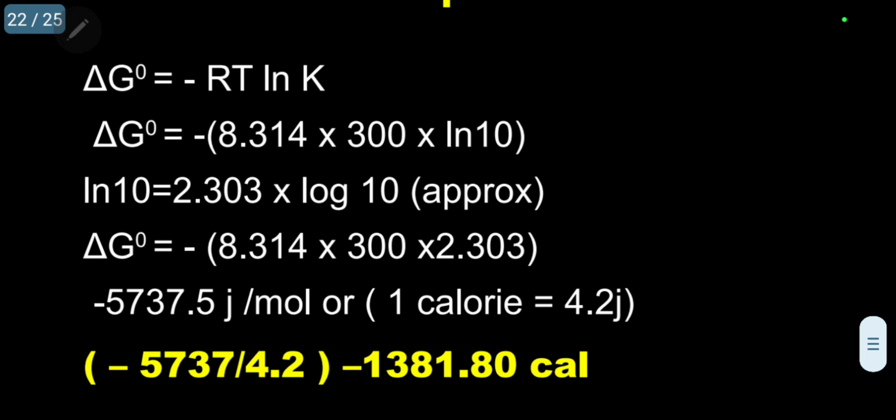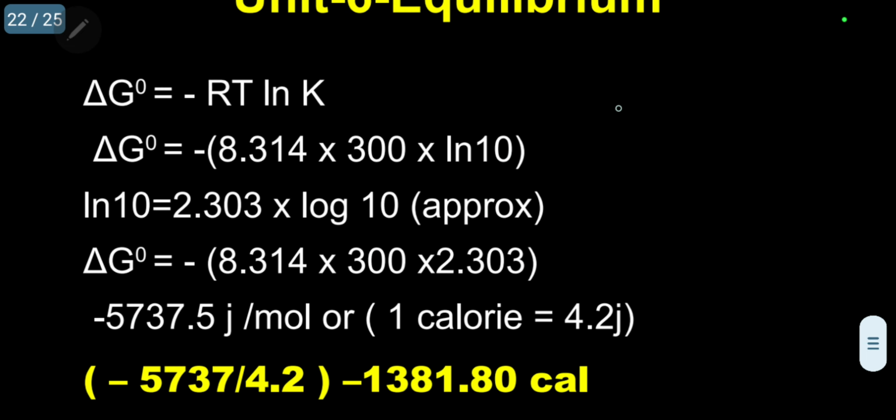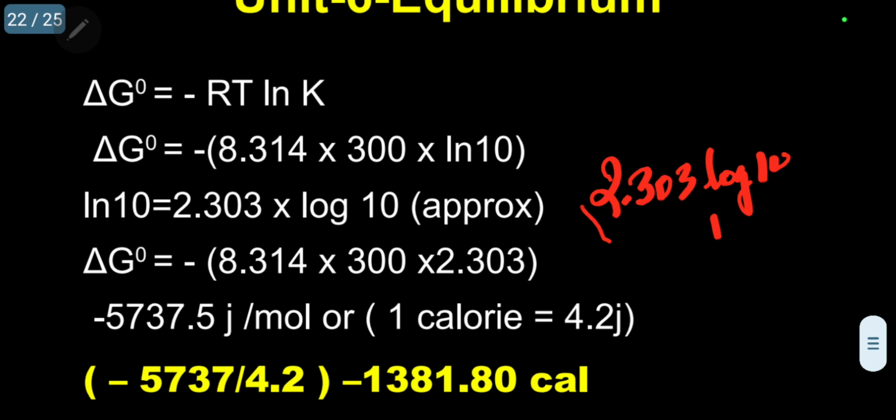Delta G0 equal to minus RT ln K, R value given in the data 8.314, temperature is given 300 Kelvin, into ln 10. K value is 10. Ln, kindly follow, I can write as 2.303 log 10. Log 10 is nothing but 1. So simply it is approximately 2.303.